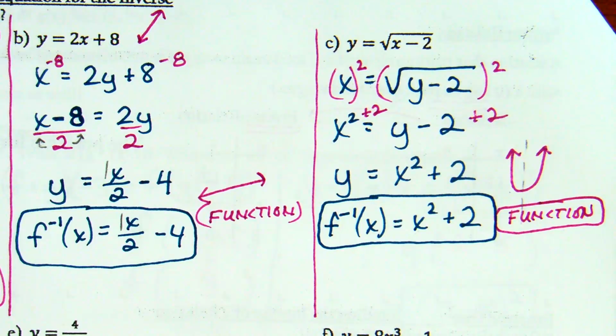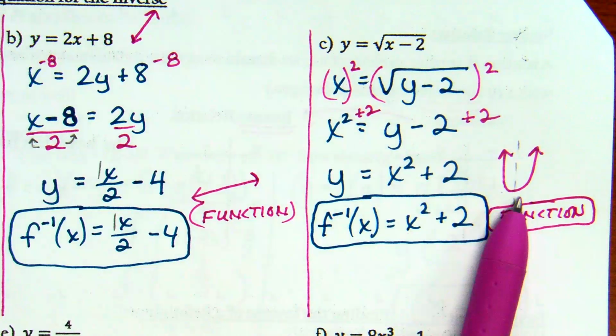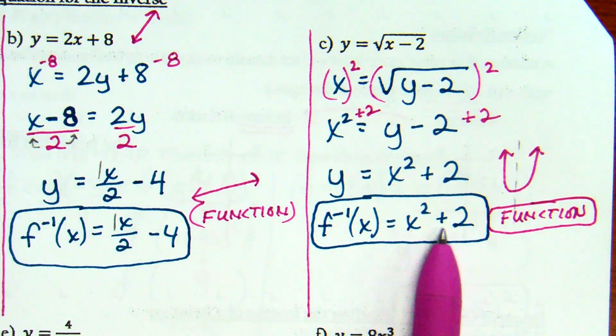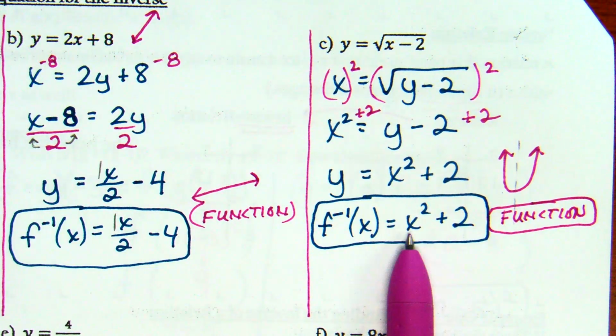Negative 2 squared is 4, plus 2 is 6. Is that okay? Yes. In other words, if I get 2, 6 and negative 2, 6, is that okay? Yeah, what is it that can't repeat? The x. Is it okay for y's to repeat? As long as they're with different x values.